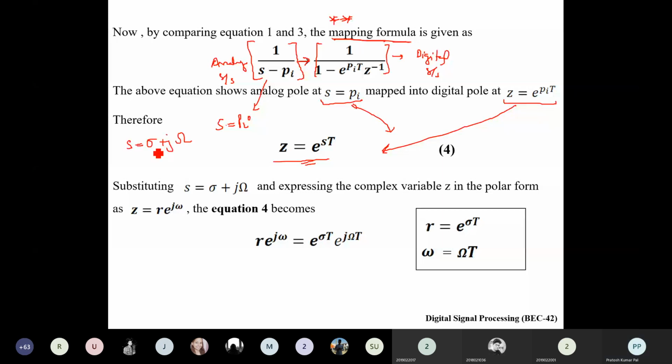In polar form, z is given by r into e to the power j omega, where r is the magnitude, which is equal to the radius of the circle in the z plane, and this omega is called the digital frequency.